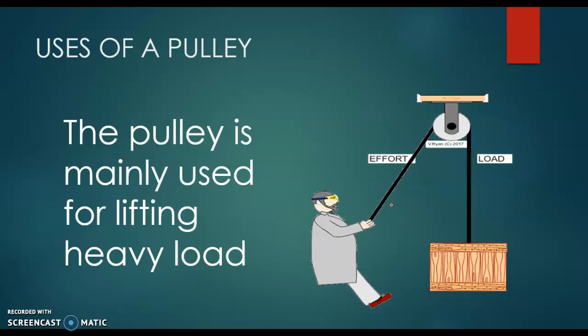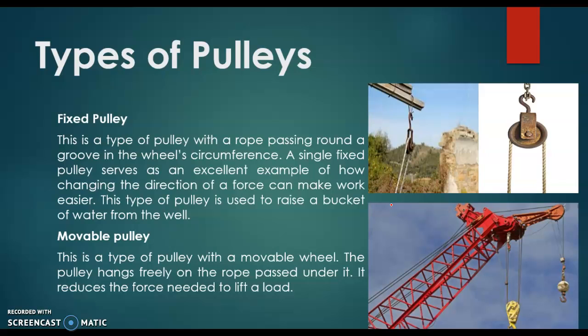So what are the types of pulley? The first type of pulley is a fixed pulley. We already have seen one before. This is a type of pulley with a rope passing around the groove in the wheel's circumference. A single fixed pulley serves as an excellent example of how changing the direction of a force can make work easier.